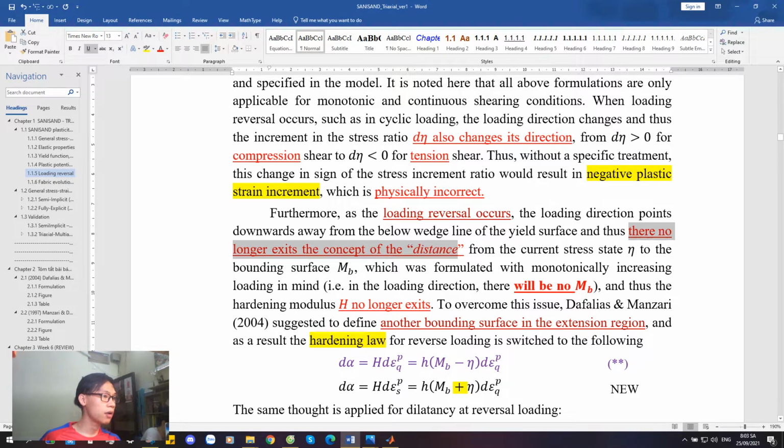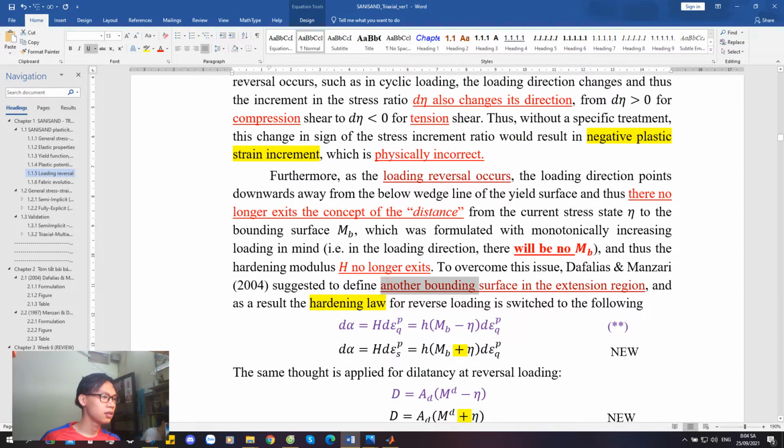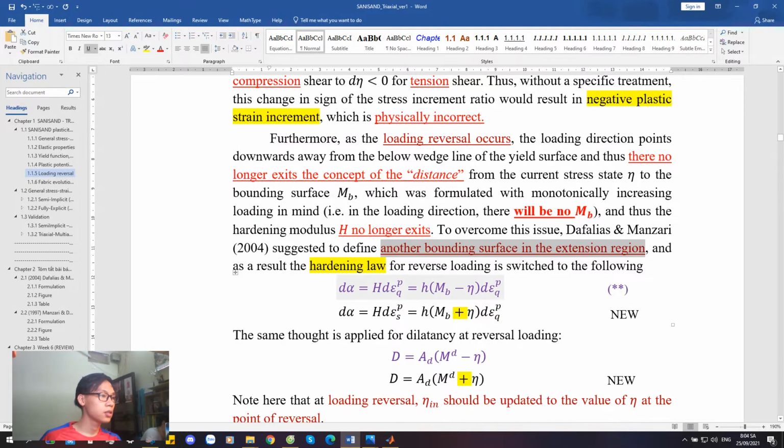The concept of distance no longer exists. Another bounding surface in extension regions. So we have to focus on the distance.